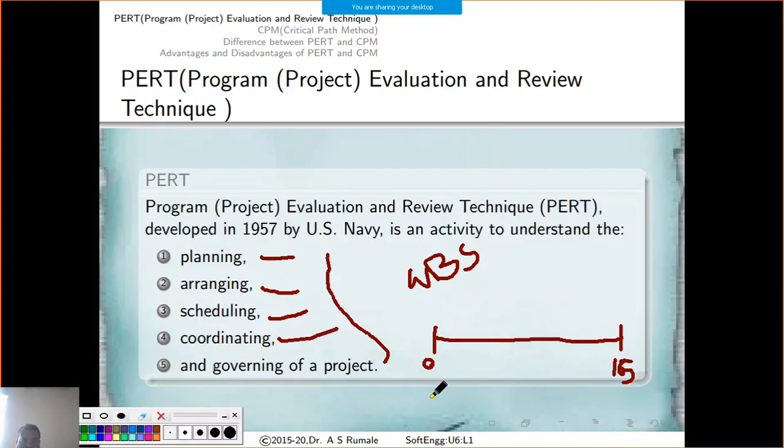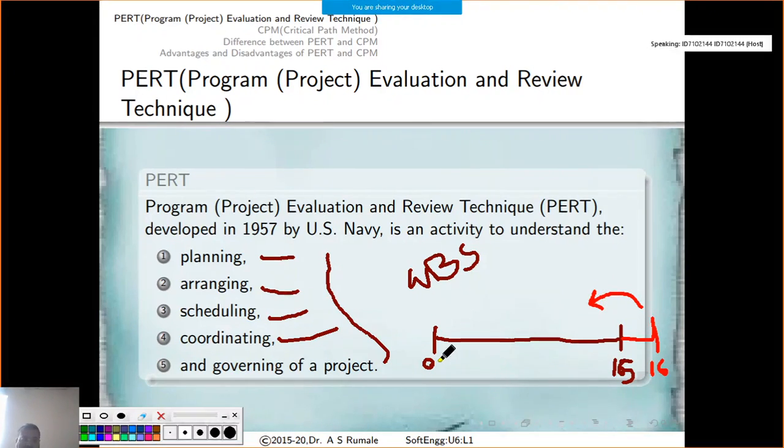And say suppose you fail to finish this project within 15 weeks, the negative margin gives you a penalty. Let's say for the 16th week, only 1 week of extra time is given by your customer, and if you complete the project after 15 weeks, you are required to pay back a penalty to the customer.